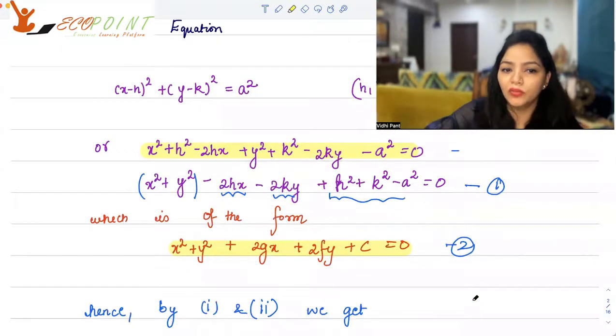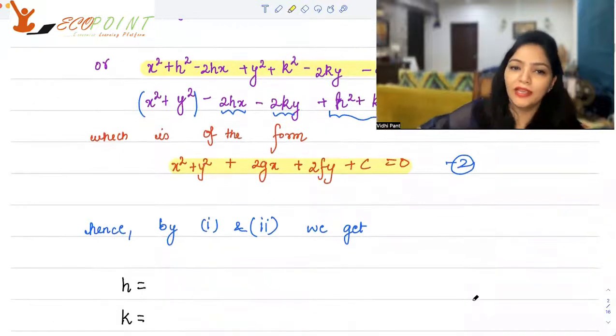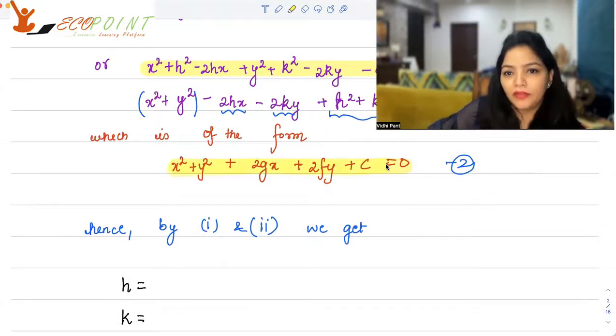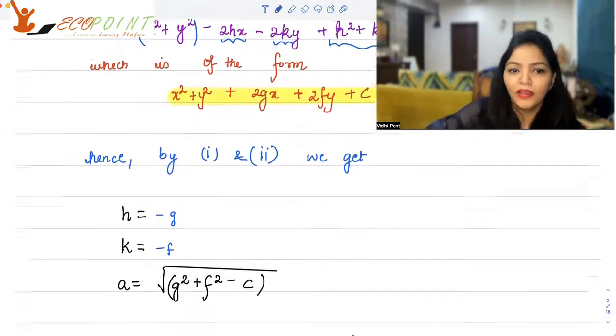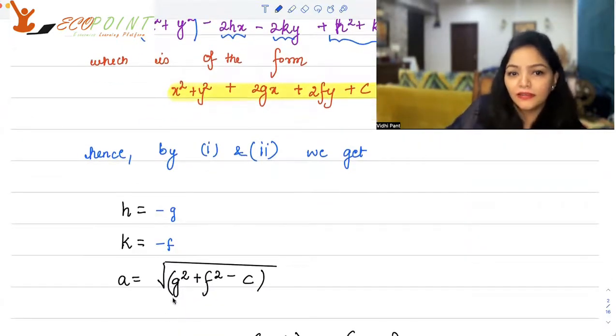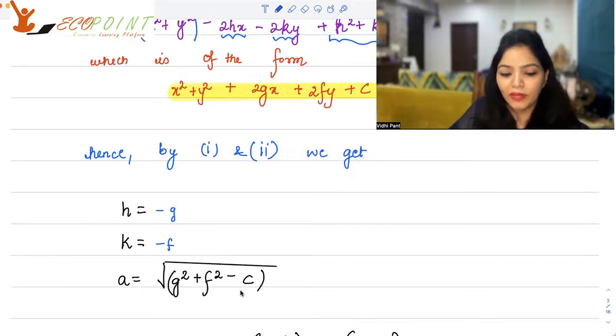If you compare the 2, what you will get, if I keep this as my general form, is that h actually is minus g and k actually is minus f. A, the radius, is the square root of g square plus f square minus c.